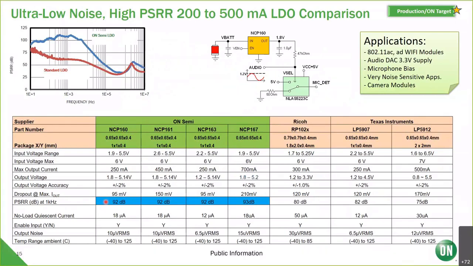That's world-class performance. It's definitely very difficult to beat that. It's a very difficult thing to do, and we do it well. And then also we have very, very low output noise, 10 and as low as 6.5 microvolts RMS. So a lot of good reasons to consider our parts, and we also have a very wide temperature range for these. So we really have some excellent LDOs.